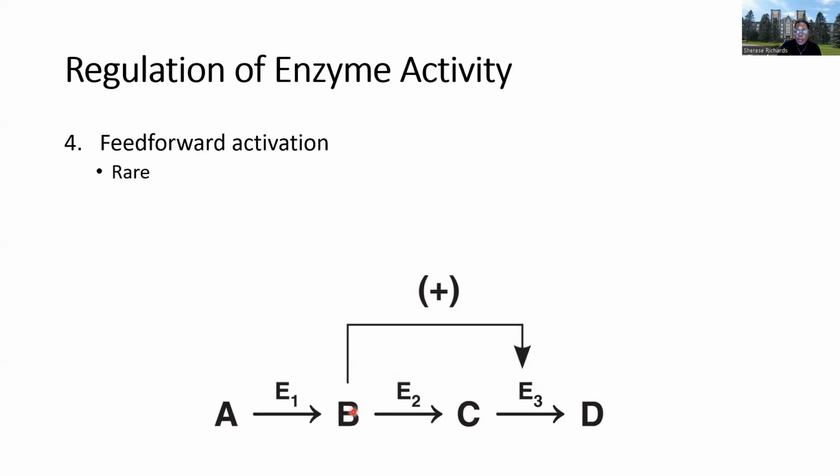Now, let's say we wanted to increase the amount of product D. We would go and product B here would feed forward and activate enzyme 3 and actually increase the enzymatic activity of enzyme 3, which would drive more production of product D. Okay, so increasing the rate of enzyme 3 will drive more product D, and that is being done by B.